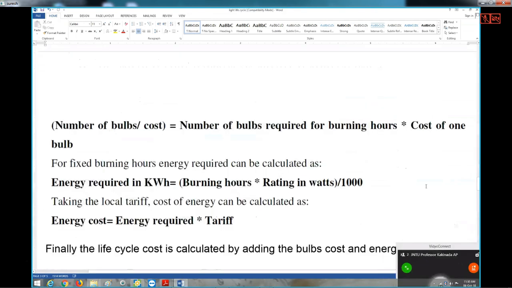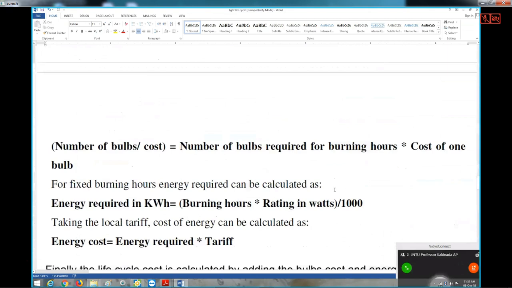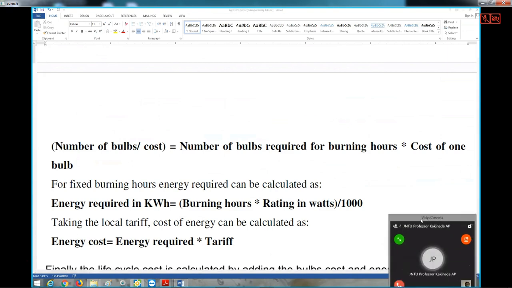And how do we calculate the number of bulbs per cost? Here the number of bulbs required for the burning hours, multiplied by the cost of one bulb, gives the bulb cost. Now regarding this formula, we have a fixed burning hours energy required. It can be calculated as energy required in kilowatt hours equals burning hours into rating in watts divided by 1000. This is the formula we are using for the energy required in kilowatt hours.